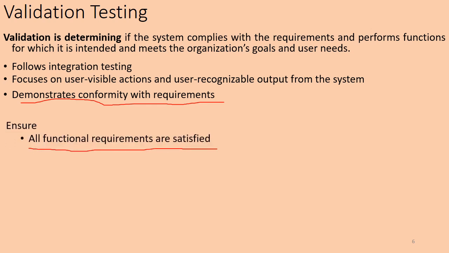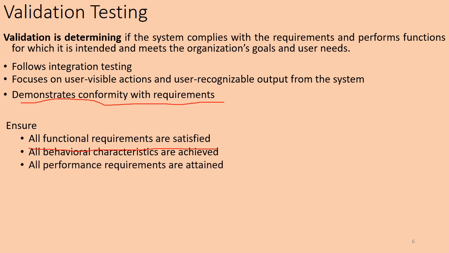This validation testing ensures that all functional requirements are satisfied, all behavioral characteristics are achieved, and all performance requirements are attained, because these are all associated with the needs of the users and the organization's goals. It also ensures that the document, the SRS, the software requirement specification which we have created, is correct or not.